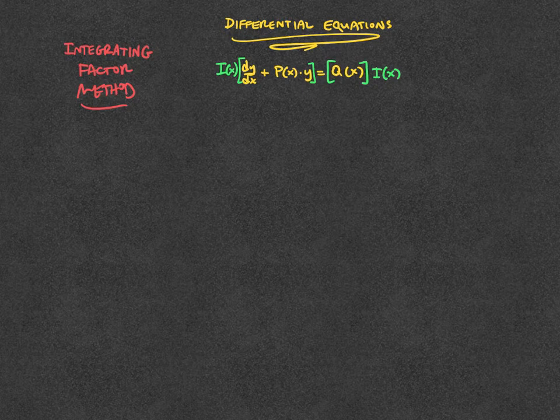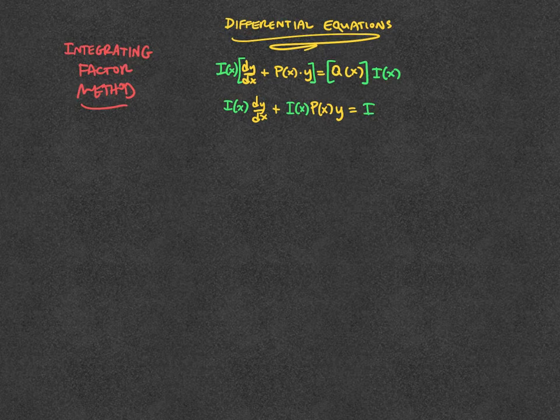And the reasoning for that is because when distributed on the left side, I distribute I of x, that's I of x times dy/dx plus I of x times p of x times y is equal to I of x q of x.